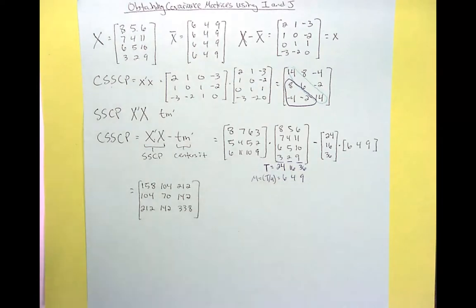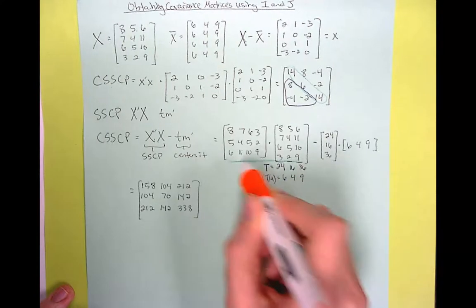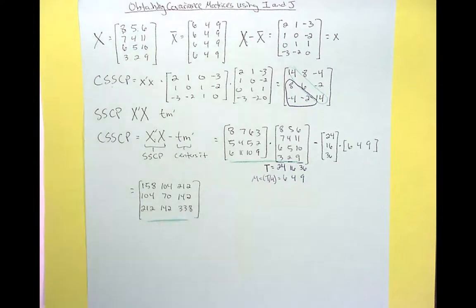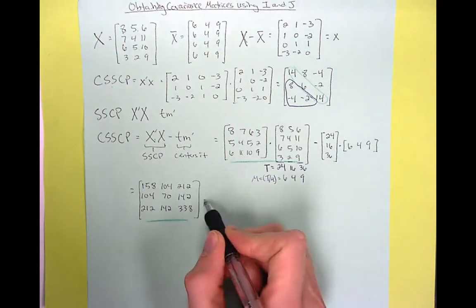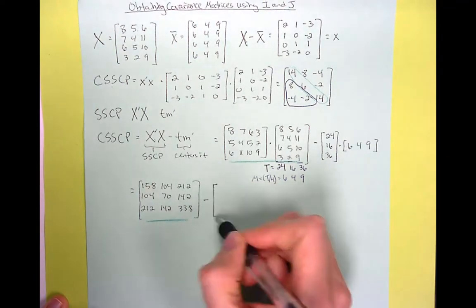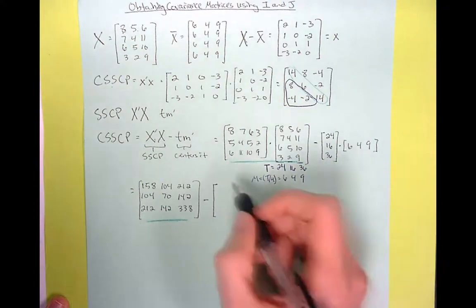And once again, that comes from here. And then we subtract it by this combine. Remember, this is 3 by 1 and this is 1 by 3, so we'll get a 3 by 3.